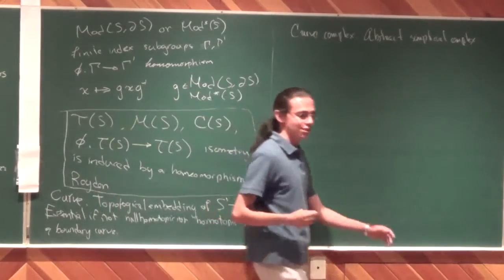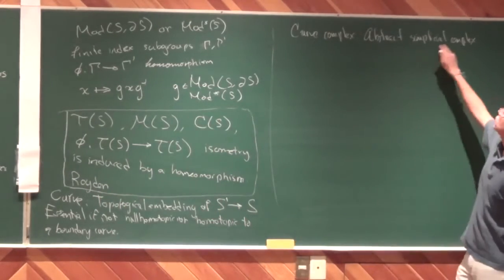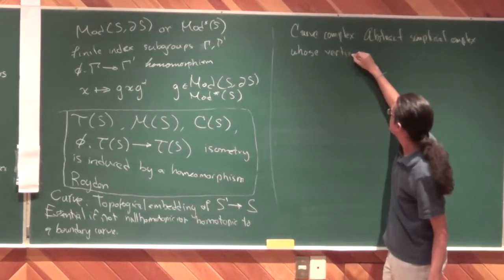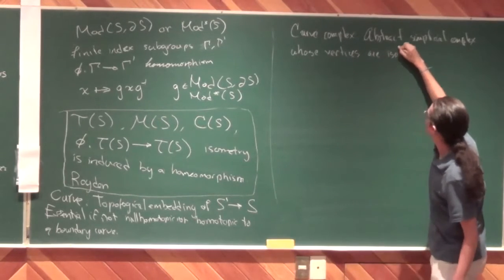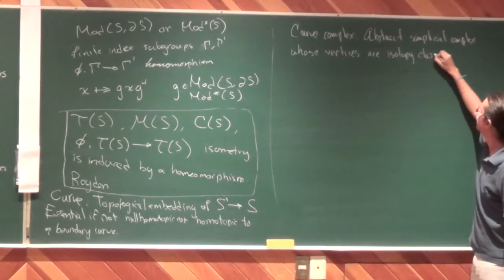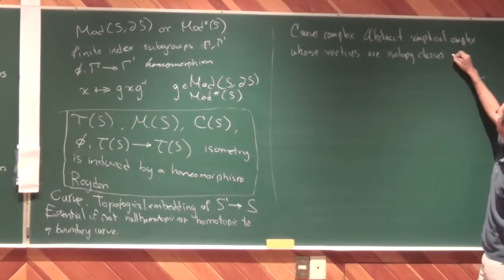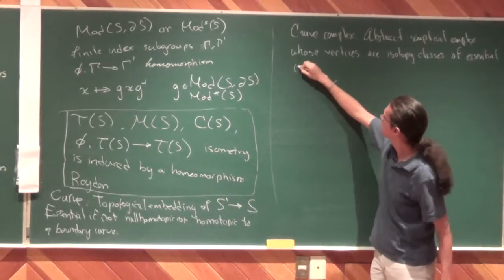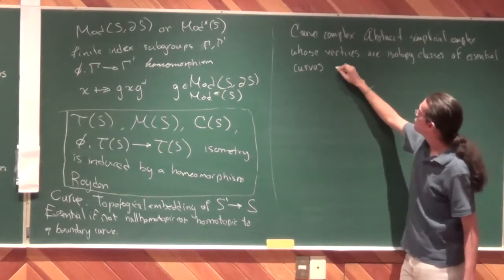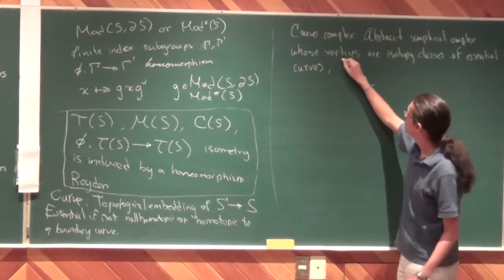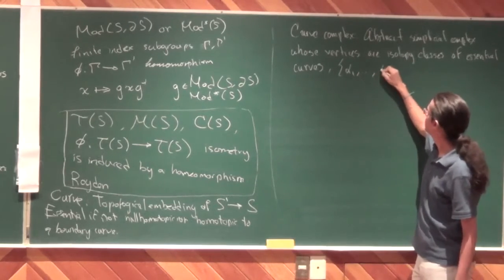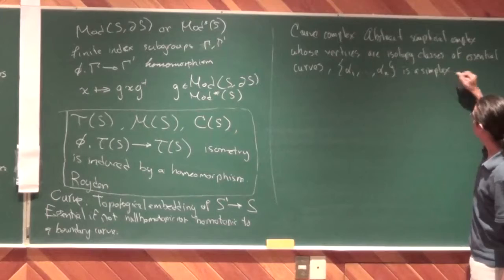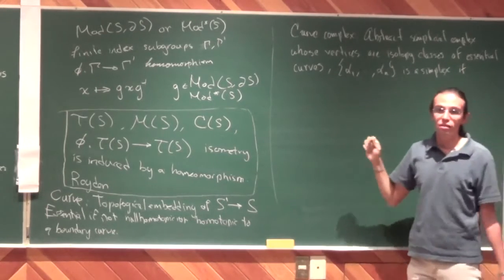Now that we know what an essential curve is, the curve complex is the abstract simplicial complex whose vertices are isotopy classes of essential curves, and a finite set of them is a simplex if they are pairwise disjoint.